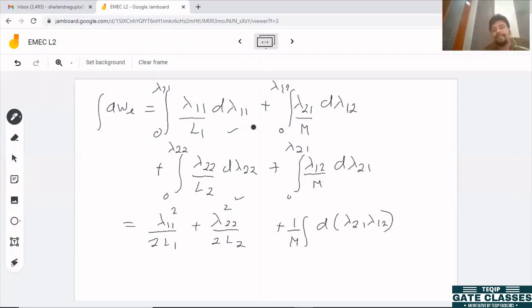And it could be taken as lambda 21 lambda 12. Just check this thing. So it will be from 0 to lambda 21 lambda 12.